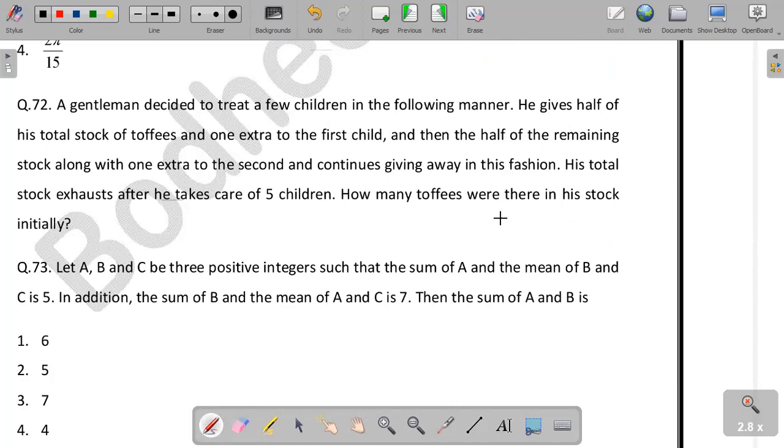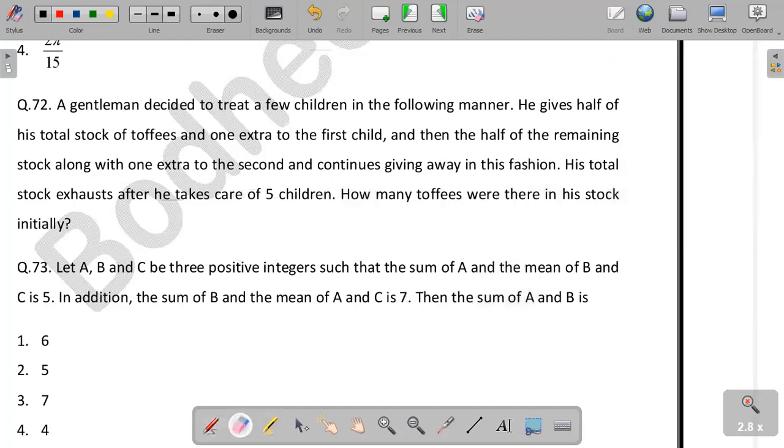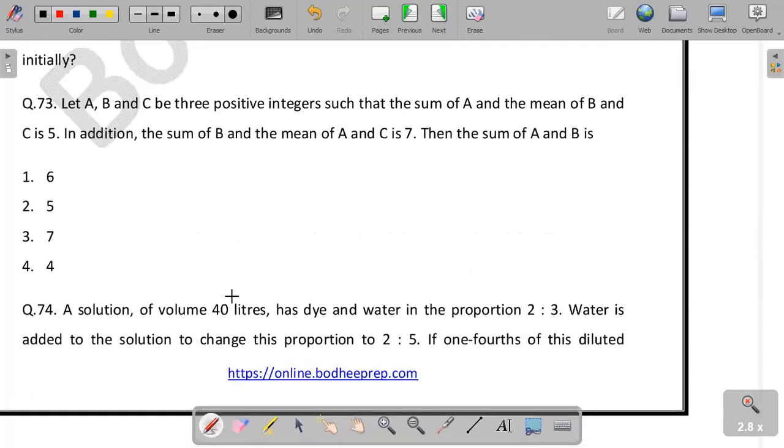His total stock is exhausted after he takes care of 5 children. How many toffees were there in his stock? Okay, so 1 and 2, 2 plus 1, 3, double, and 7, 14, 62. 1, 2, 3, 4, 5. So total stock is 62. You can also check it out by hit and trial, by the forward approach. I use the backward approach.